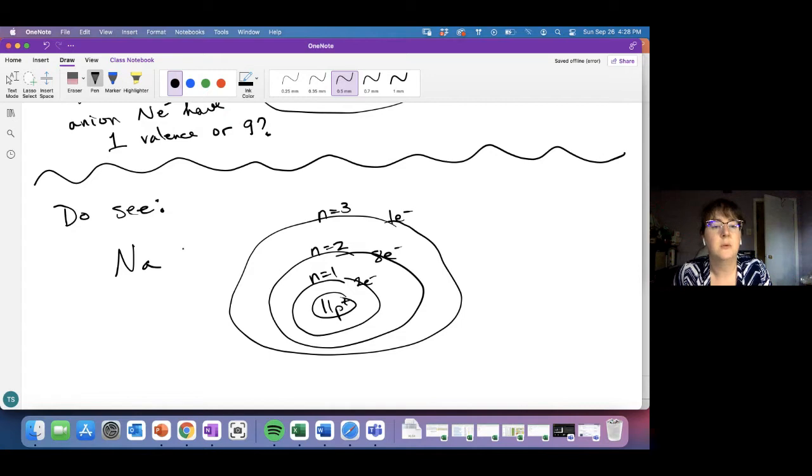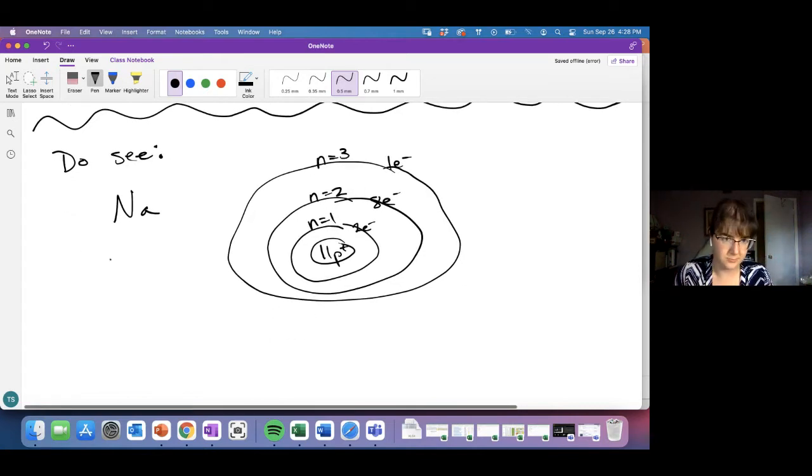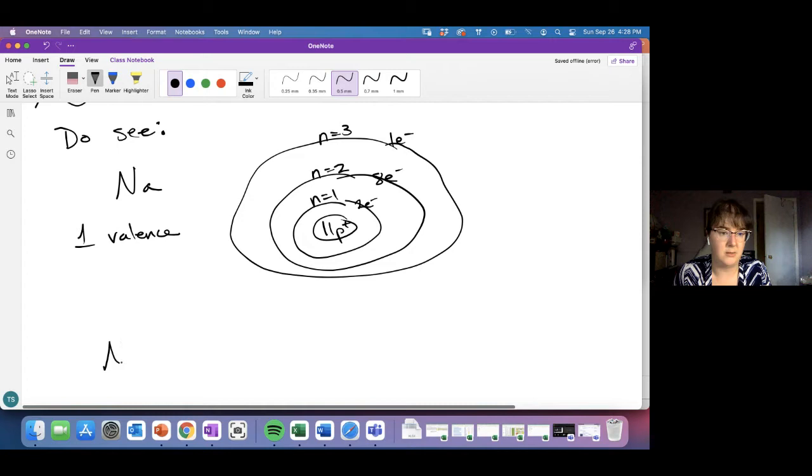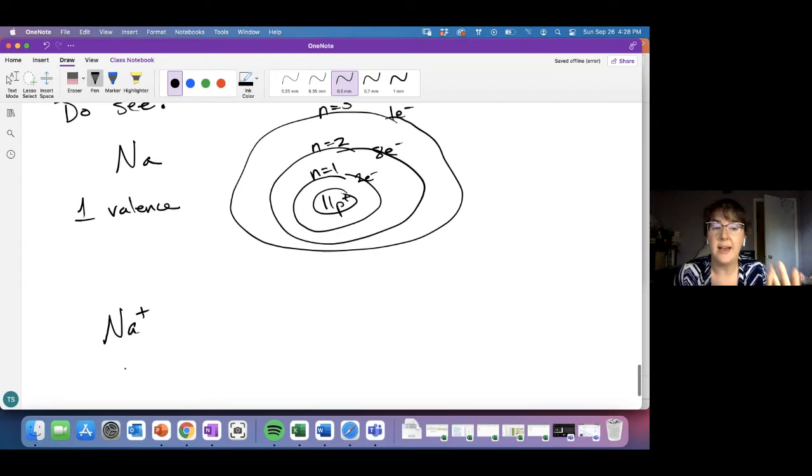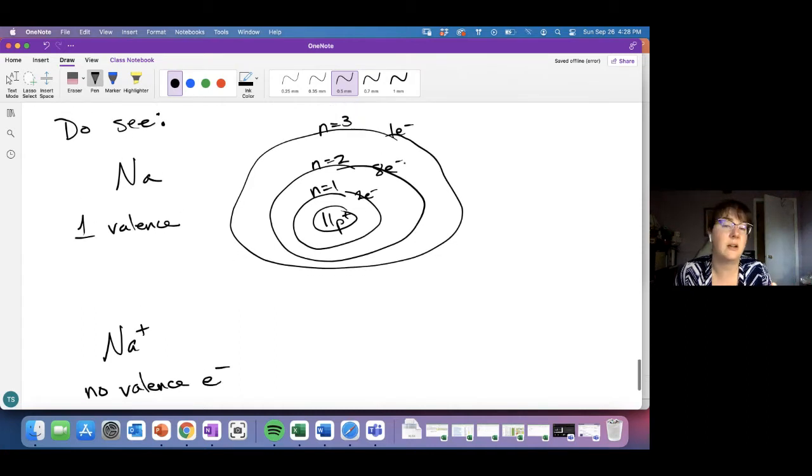So when sodium goes from a neutral atom with 1 valence electron and loses its electron to become a positive sodium, we actually say that the sodium ion has no valence electrons, because what we cared about was that outer valence electron, and now that it's removed, it's essentially gone.